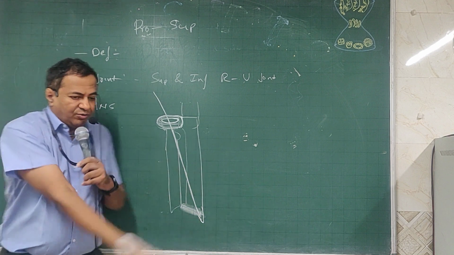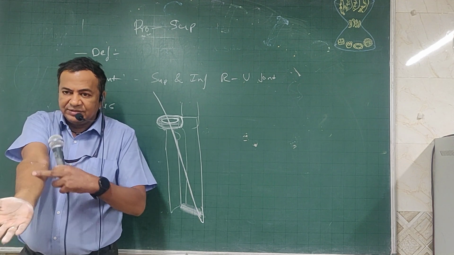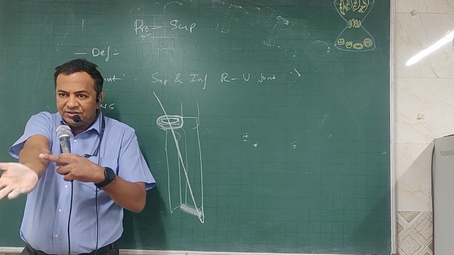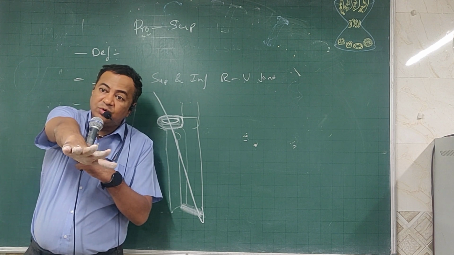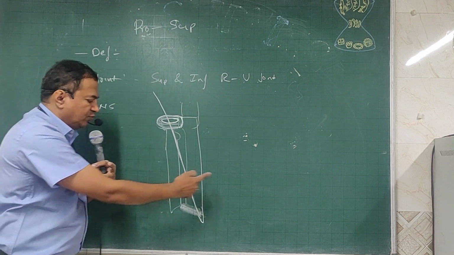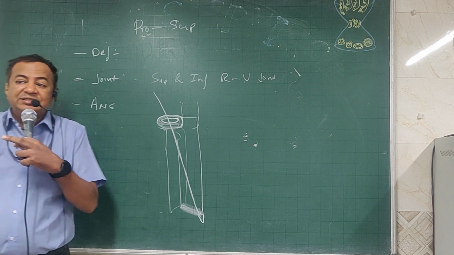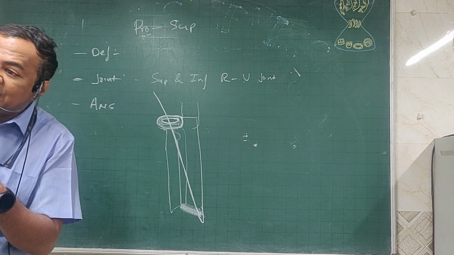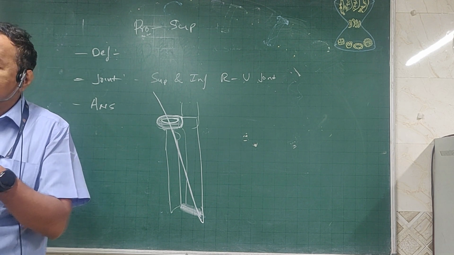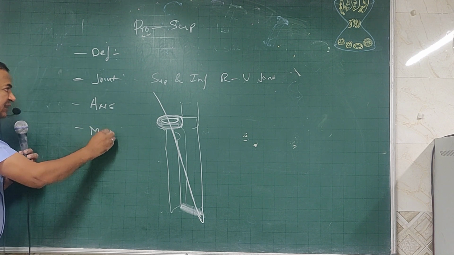Axis will be going like this, from radius to ulna, and around that axis the radius moves over the ulna. Okay. Axis is not stable because the ulna also slightly moves backwards. So that's about the axis.